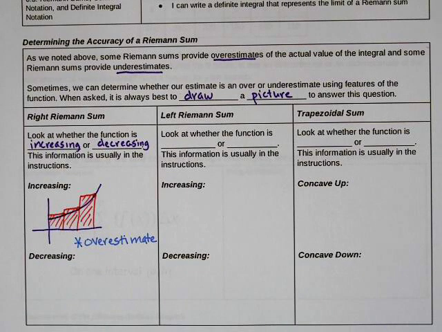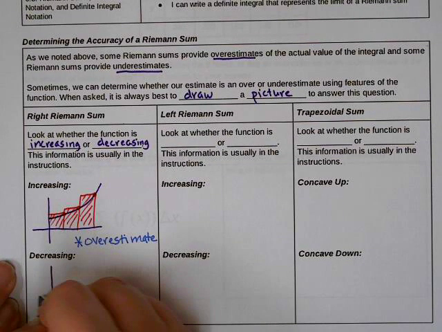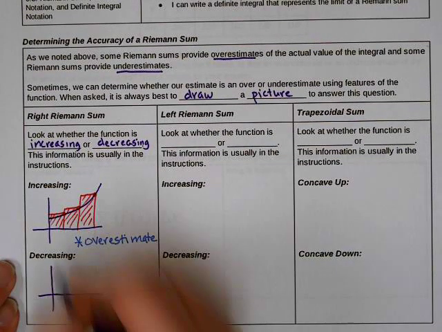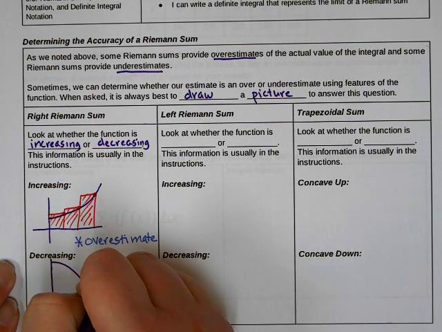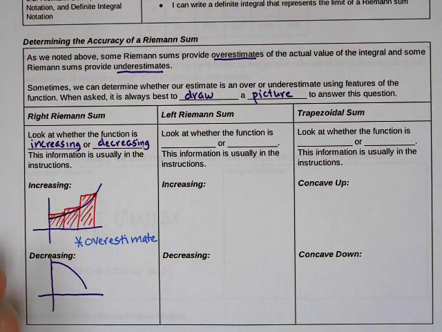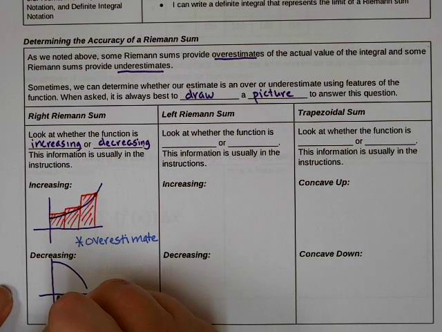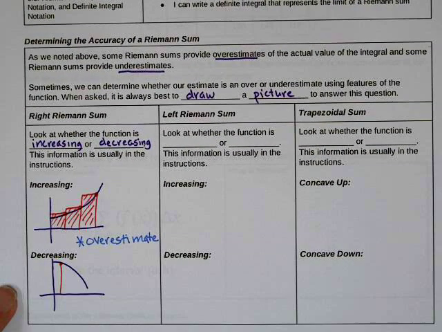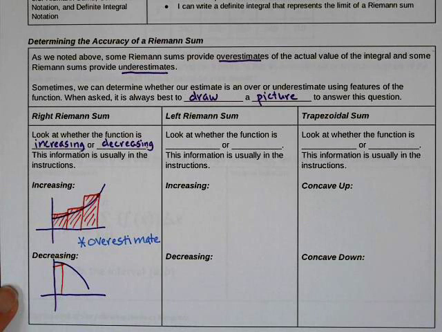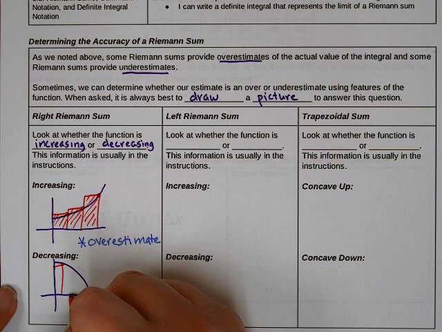Let's look at what happens when we have a function that is decreasing and we do a right Riemann sum. So again, let's draw a quick sketch of what's happening here. We're going to have a graph that comes down maybe like this. So let's go ahead and do a right Riemann sum there. Now if I come over and make a point right there and draw to the left, there's one rectangle.